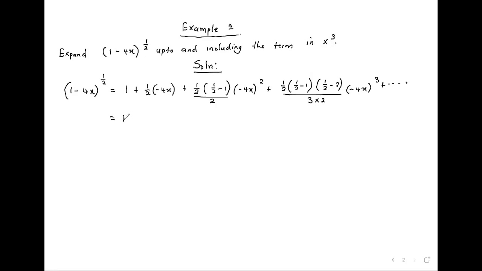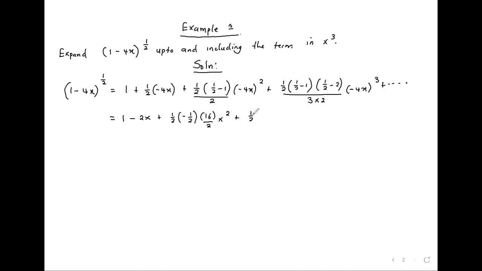Meaning this is 1. Half multiplied by -4, we get -2x. Plus, we have half minus 1, we get -half. -4 squared, we get +16 over 2, x squared.